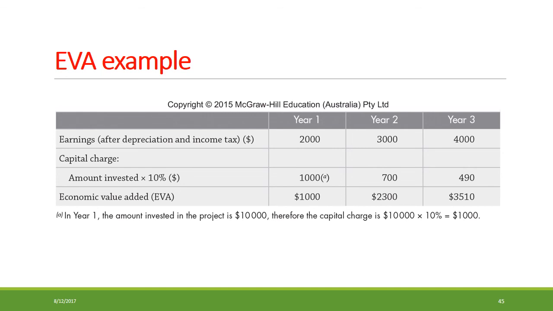So this example shows us how to work out the economic value added from accounting earnings. We just take the accounting earnings, we minus the average capital invested per year, then we get the economic value added number.